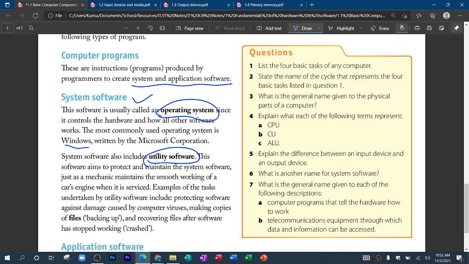The operating system is what runs your computer, and the utility supports running the computer. So you can think of the operating system like the HM. The HM is running the school, and the DHM is like the utility software that is supporting the HM. She's controlling the students, guiding the HM, advising her, and all of that.